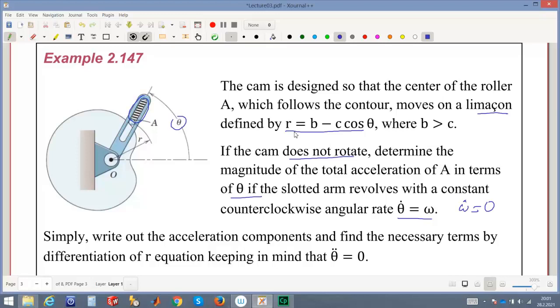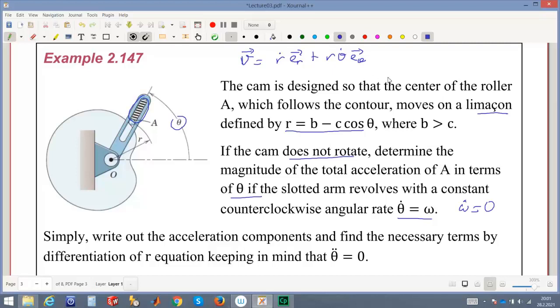What we need to do is, this is the position equation for r. For the velocity, let's remember what we had again. There was r dot e_r plus r theta dot e_theta. Okay. What is asked for us is the acceleration.